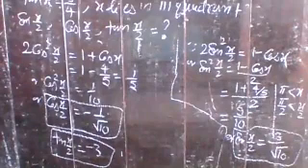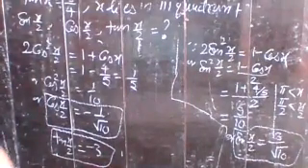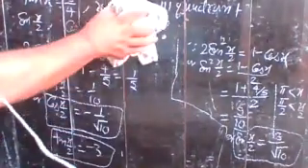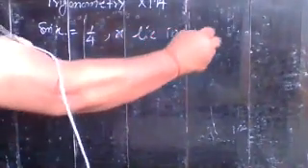You have to find the values of sine x by 2, cos x by 2, and tan x by 2. Just see how you find it. You apply the same method here also.